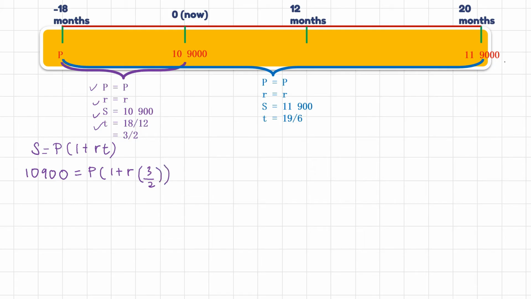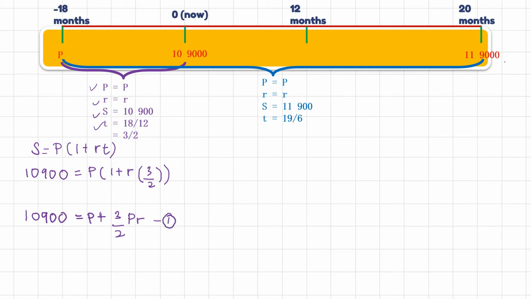We simplify the equation and we get 10,900 equals P plus 3 over 2 PR. So this will be our first equation.